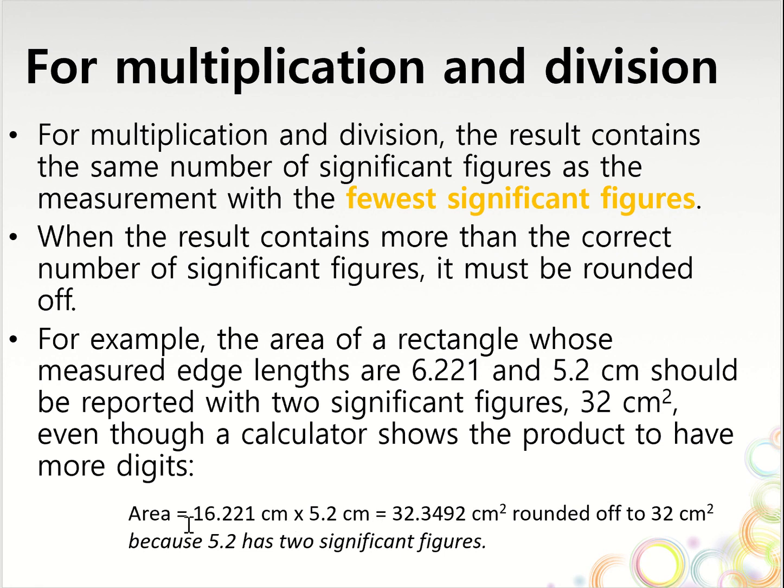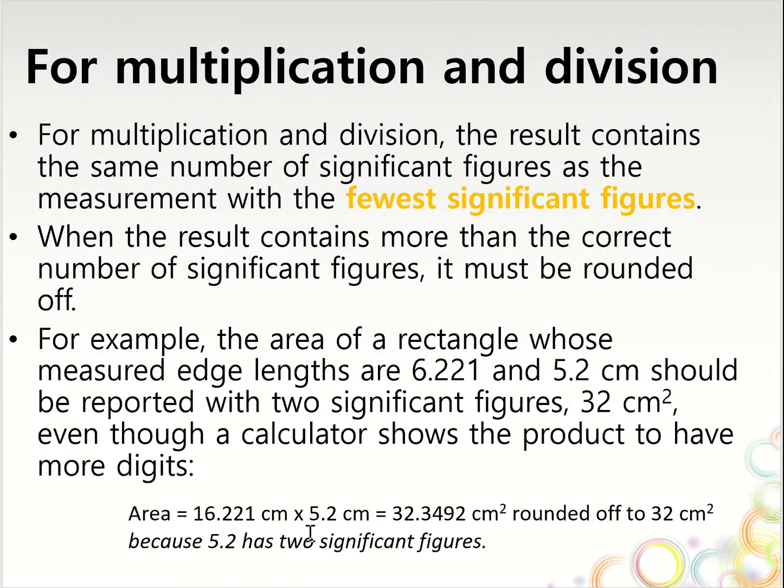So if you plug in both values in a calculator and multiply them, this is the result that you will see on your calculator. However, because we have 5.2, which has the fewest significant figures, our answer has to have two significant figures, and therefore it's rounded off to 32 centimeters squared, right?